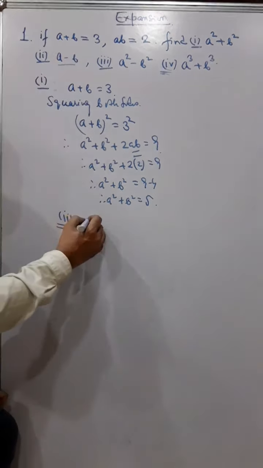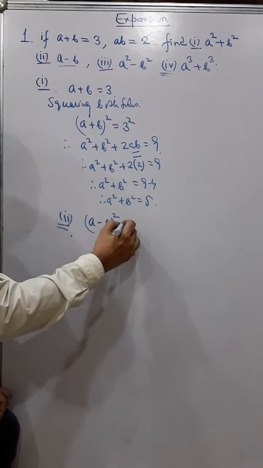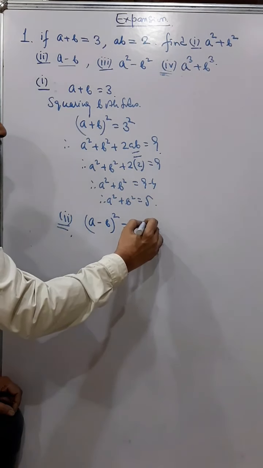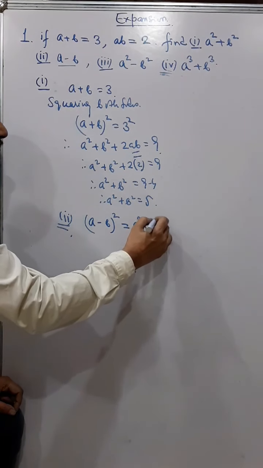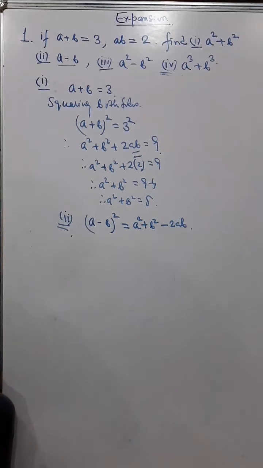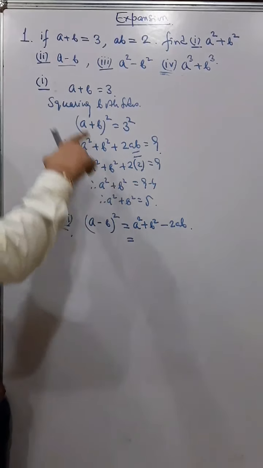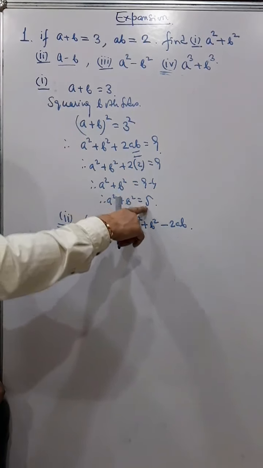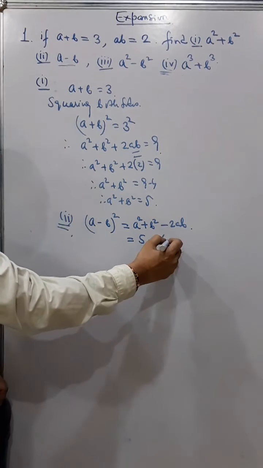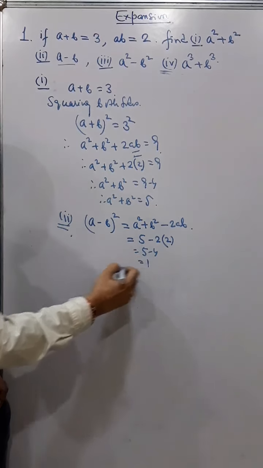A minus b whole square is equal to a square plus b square minus 2ab, and a square plus b square we already got as 5, so it is 5 minus 2ab, ab is 2, so 5 minus 4, we got 1.